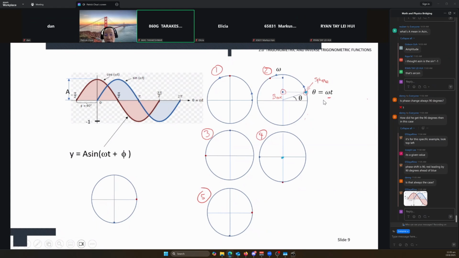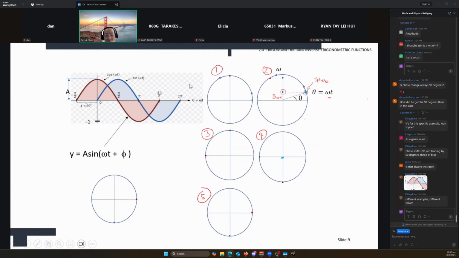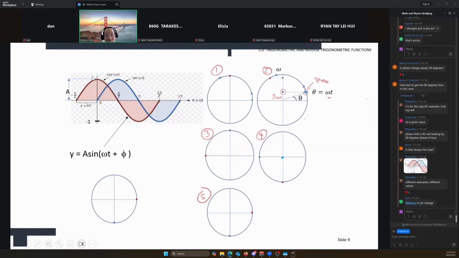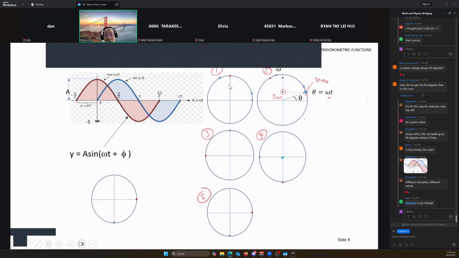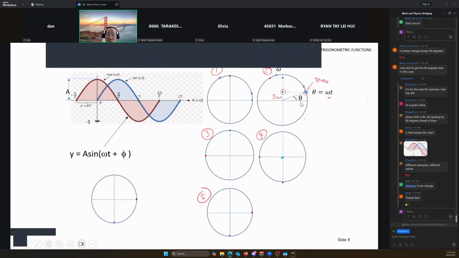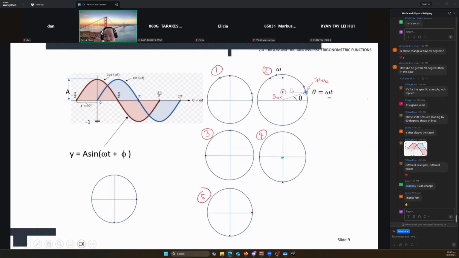Okay. So here you see that at the beginning, the red dot, which corresponds to the red waveform, is already leading at the start. It's already 90 degrees ahead of the blue waveform there. Okay. So when you start, both will start to move around in uniform velocity omega.